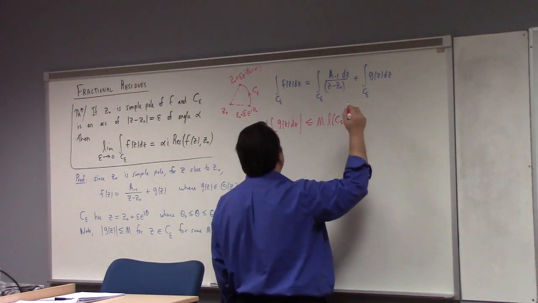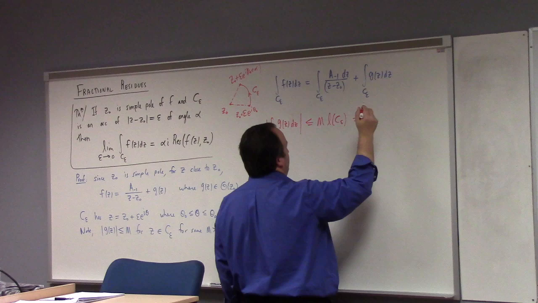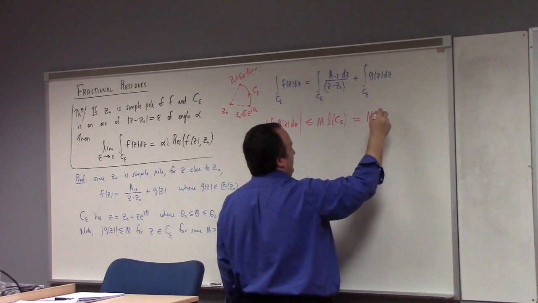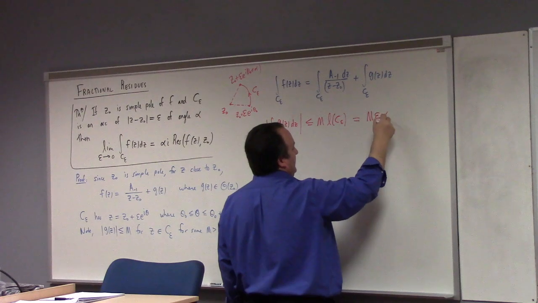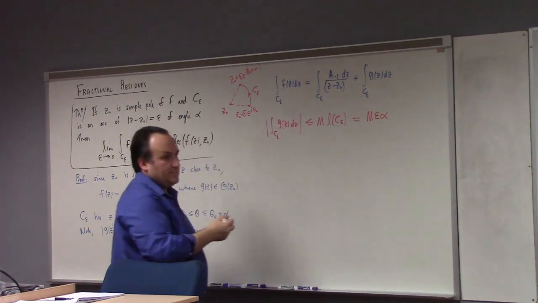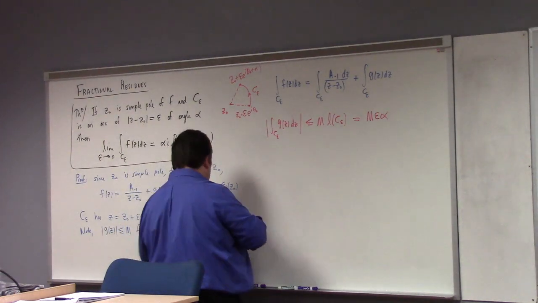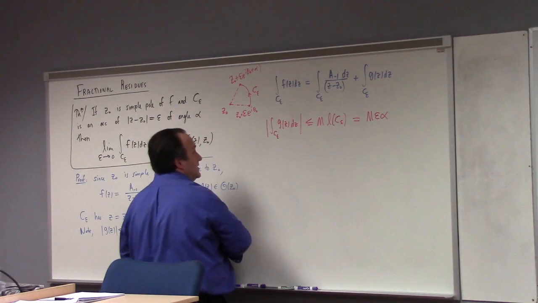R alpha, and R is what here? It's epsilon, right? So the radius is epsilon, so epsilon alpha. M epsilon alpha is that.